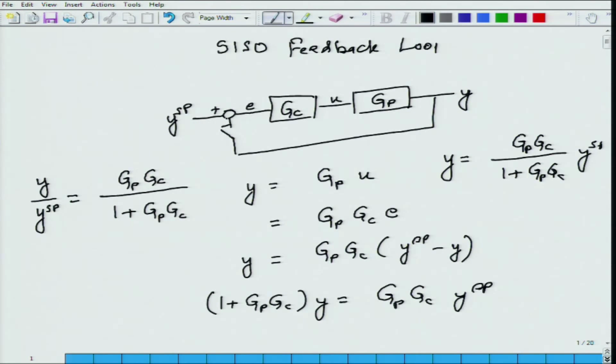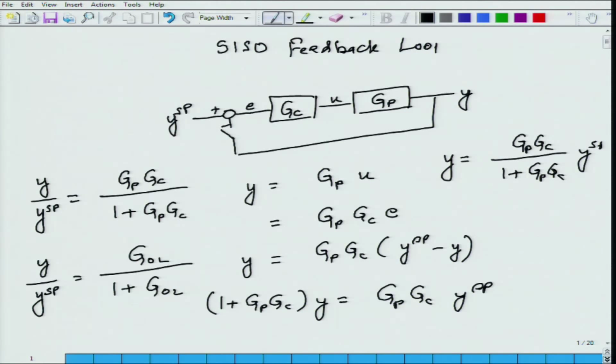The numerator is the transfer function in the forward path, and the denominator is 1 plus whatever is there in the whole feedback path. We call Gp Gc the loop transfer function or open loop transfer function, and what we get is G open loop divided by 1 plus G open loop. Okay. So, this is the servo transfer function of the closed loop system.